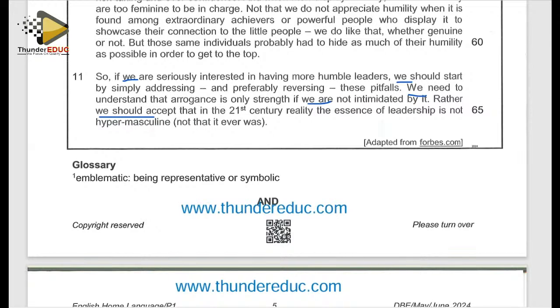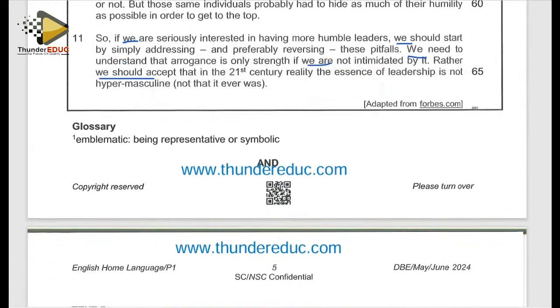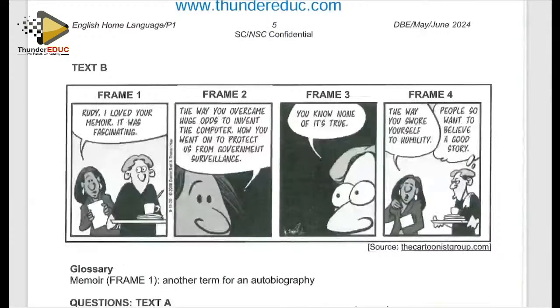So as a result, it's an emphasis. The question said, comment on the writer's repetition of the we in the concluding paragraph. It means he's including the reader in coming up with a solution as well. So as such, he's made the reader part of the solution that he's coming up with, which means it's not his own solution, it's a universal solution for all of us. That's an inclusive technique, and it's emphasizing how we should be part of the change as well.